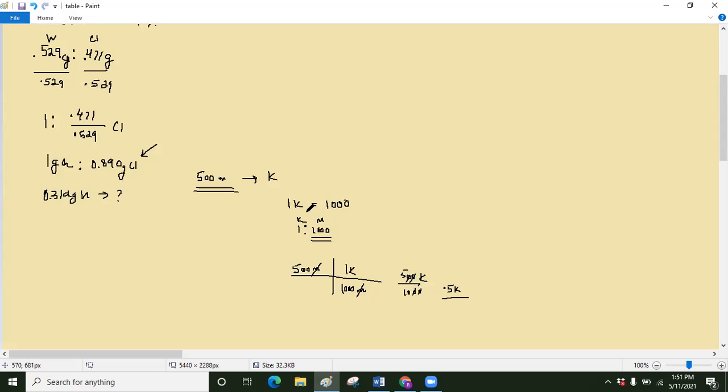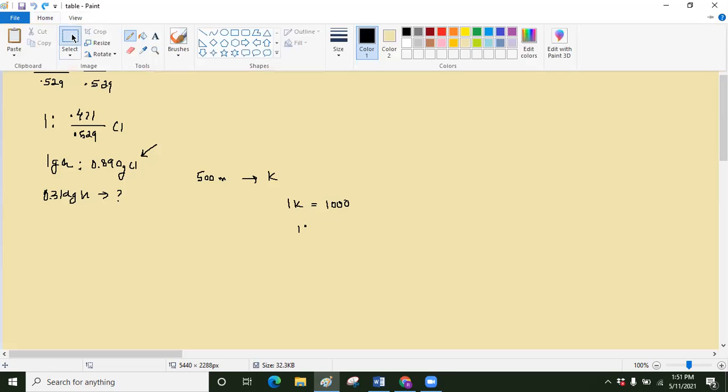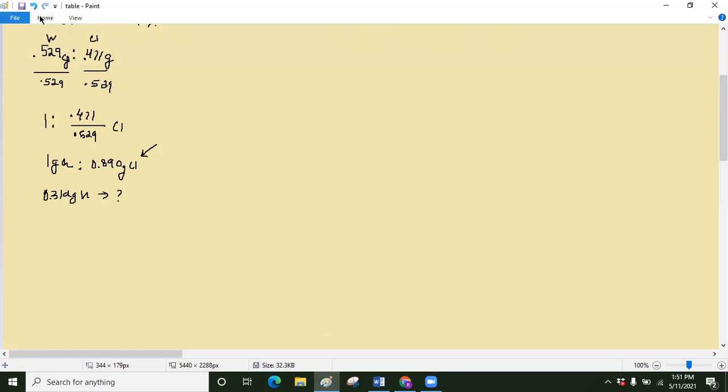And that's how setting up a ratio, a conversion factor, can actually help you. That is what we have done in this example. We said that for every 1 gram of hydrogen, just as for one kilometer is this many meters, we have 0.890 of chlorine. And then we set up a conversion factor. Well, how much is 0.312 grams of hydrogen? We do much of the same approach.